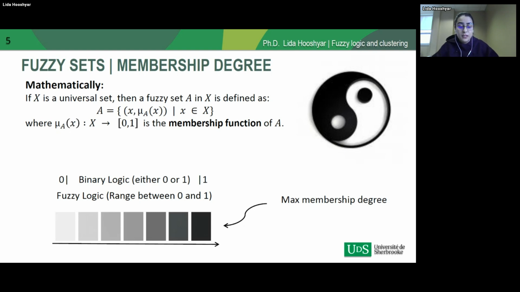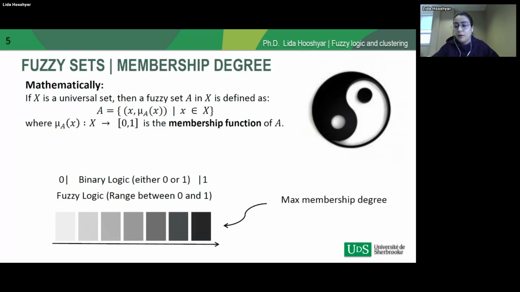These fuzzy sets are also known as a gray system because they go from absolute white to absolute black, from light to dark. These tones of color show the membership degree increasing from 0 to 1.